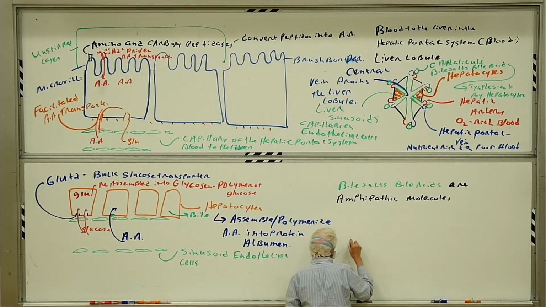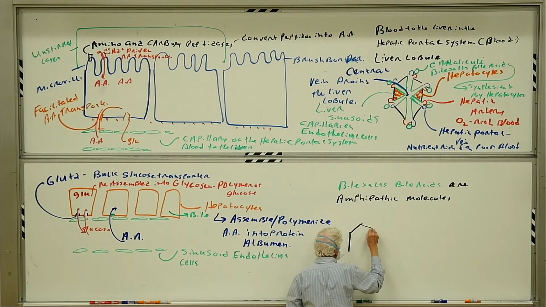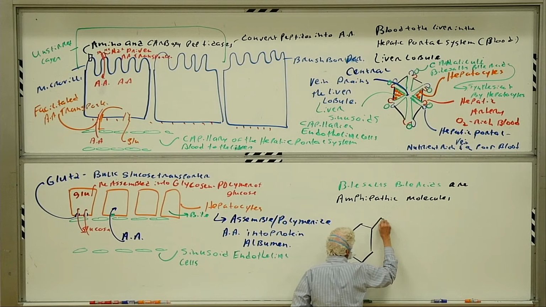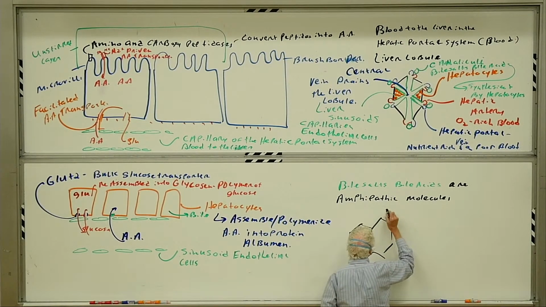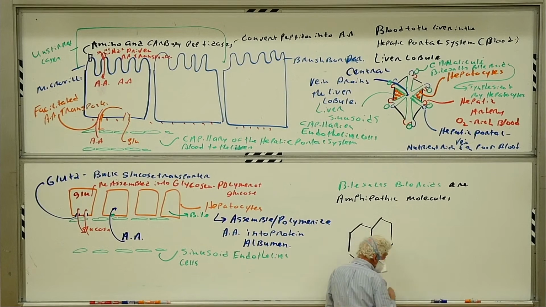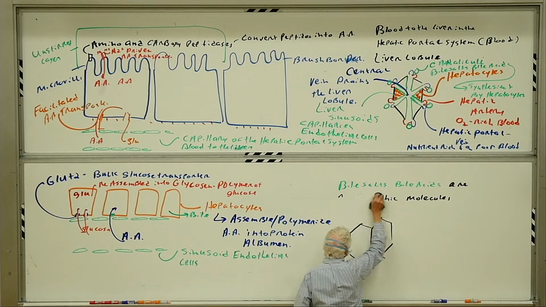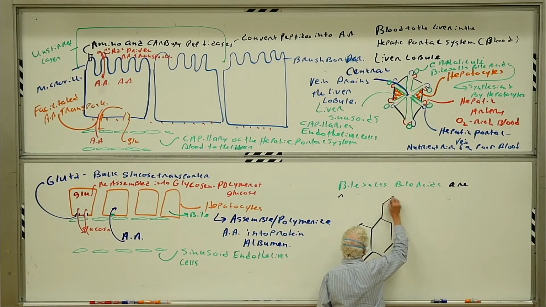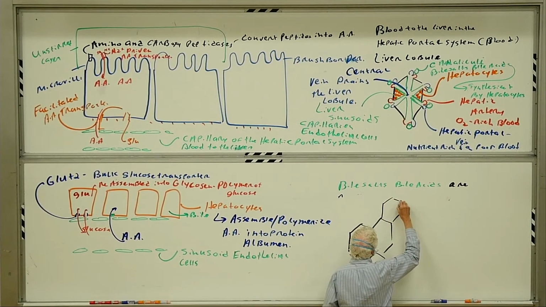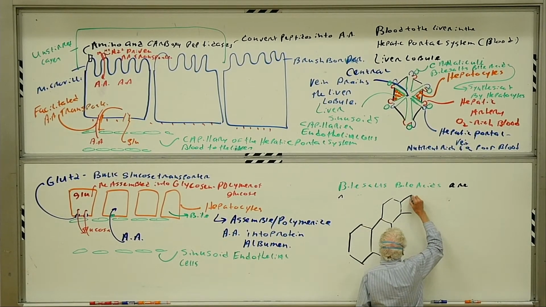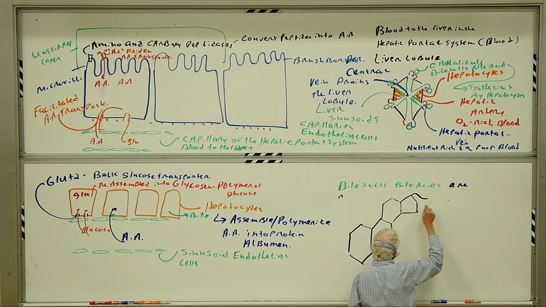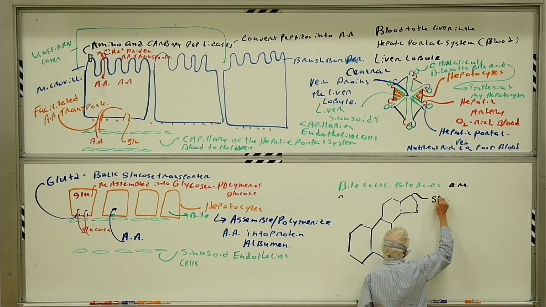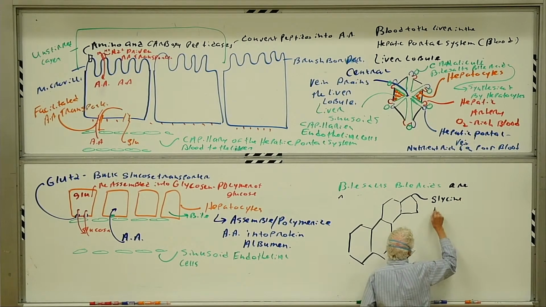And when we look at them, we'll recognize immediately the structure of cholesterol. These ring structures, I wish I'd made this up. And out here, on this 5-membered ring, we put a molecule either of glycine or taurine.